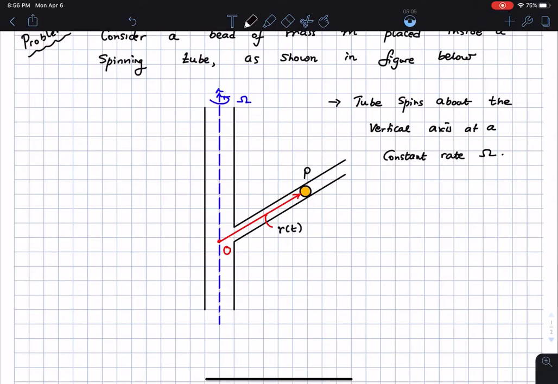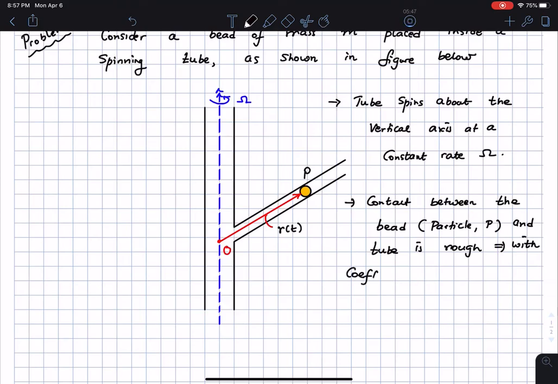And the other thing that I also want to mention is that the inner surface of the tube, where the particle is contacting the tube, is a rough surface. So the contact between the particle or the bead, which we have labeled as P, and the tube is rough, which means that the coefficient of kinetic friction is given as mu k.